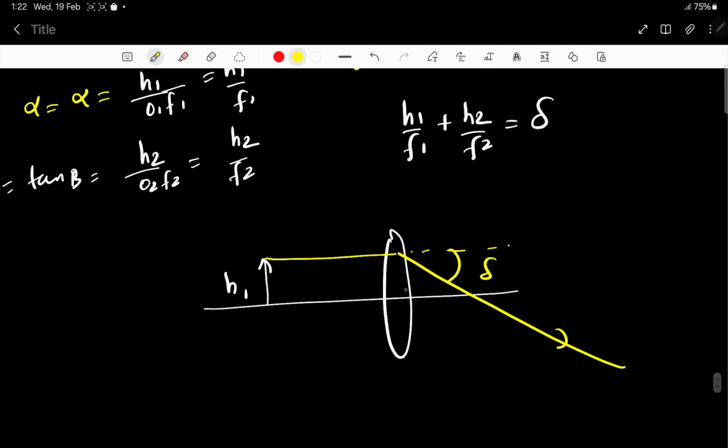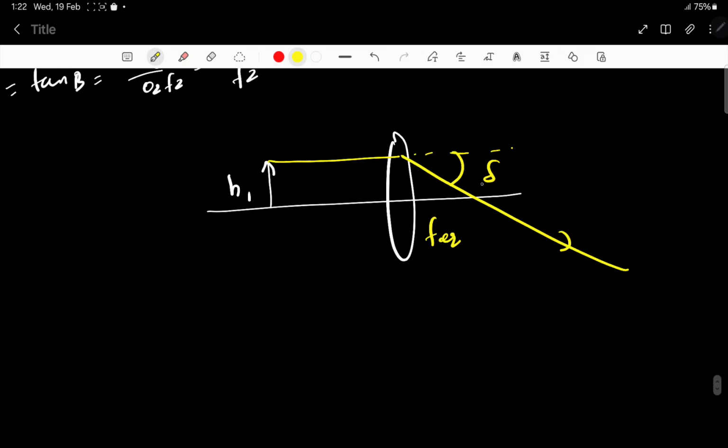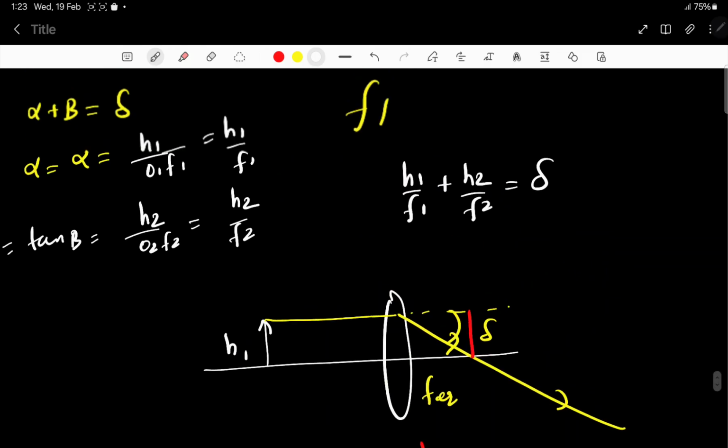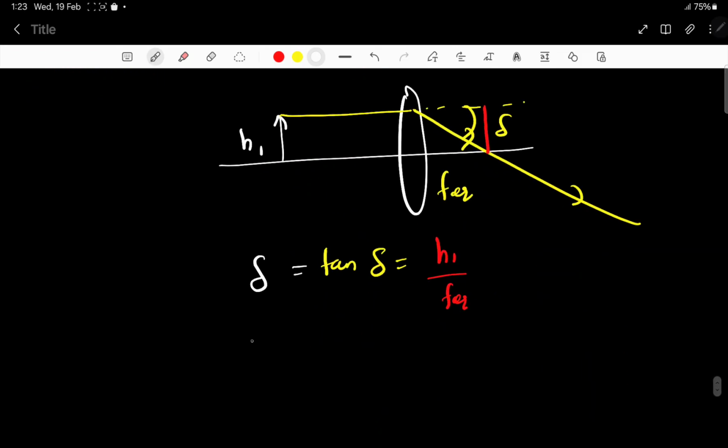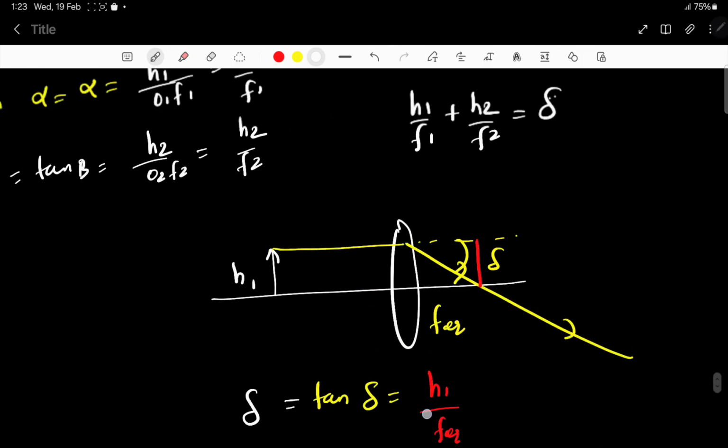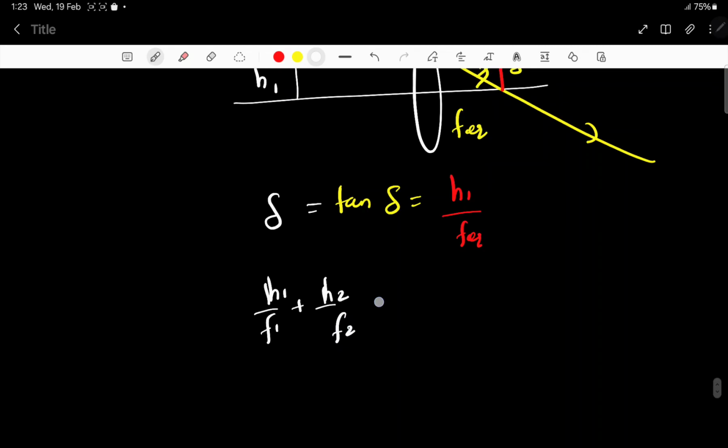Again, tan of delta equals the opposite side H1 over the adjacent side F equivalent, and tan of delta equals delta itself. So in place of delta I can substitute this, and I get H1 by F1 plus H2 by F2 equal to H1 by F equivalent.